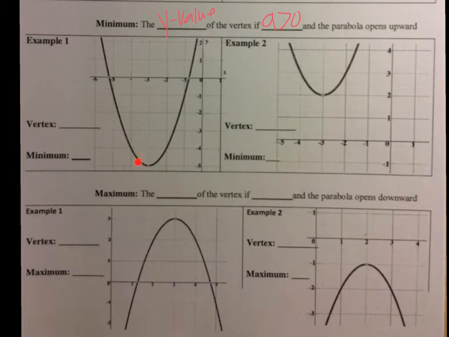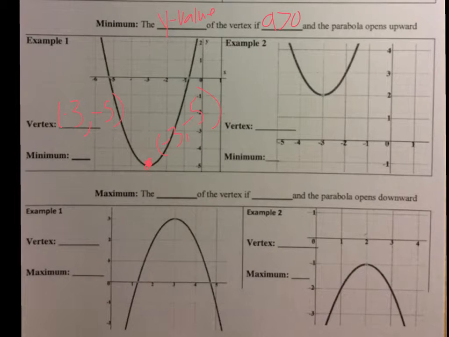To write that coordinate, we have -3 and all the way down to -5. So our vertex for this parabola would be -3, -5.